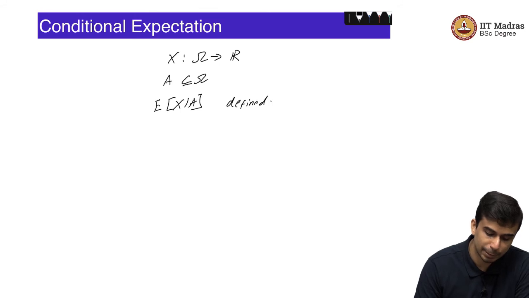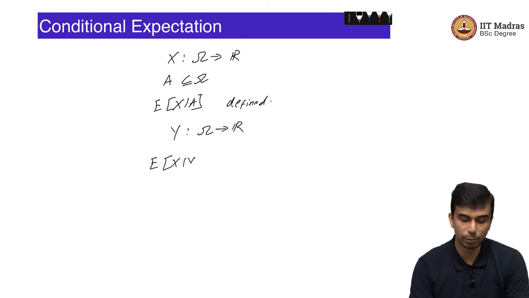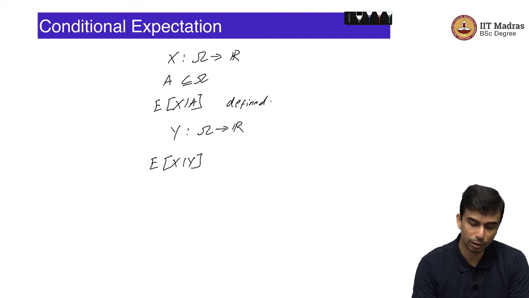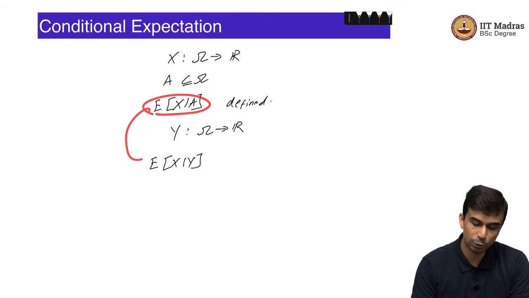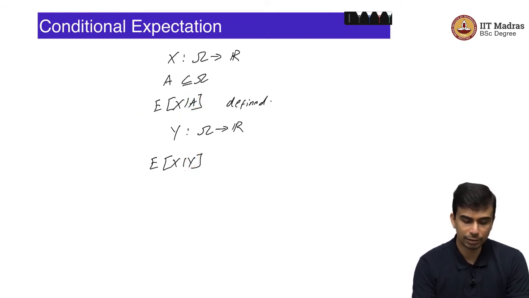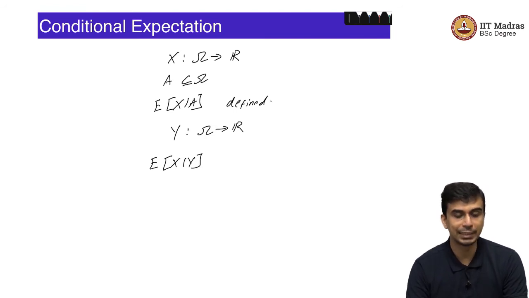We have already defined the expected value of X given A. But let us say you have another random variable Y from omega to R. What does it mean to say expected value of X given Y? First of all, you can't directly use this statement because the expected value of X given A is defined only for A being events, and Y is not an event, Y is a random variable.